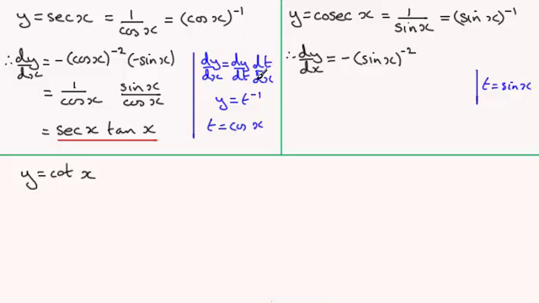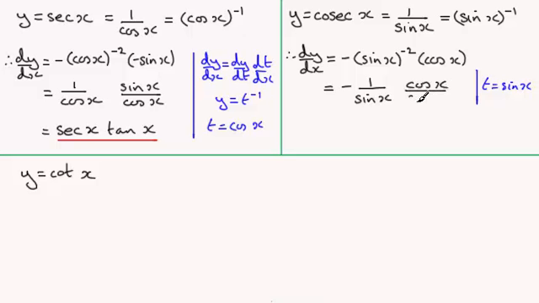Then we need to multiply it by dt by dx. And if I differentiate sine x with respect to x, I get cosine x, or cos x for short. And I tidy this up much the same way as I did over here. This is minus 1 over sine squared x, but I'm just going to take one of those sine x's and put it like that, and then the other sine x, I'm going to put underneath the cos x.